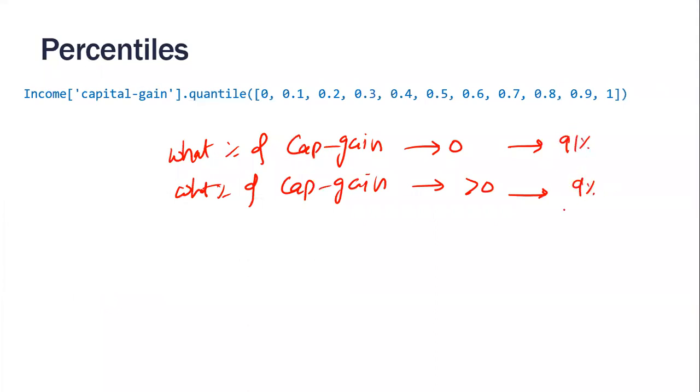Remaining 9% is non-zero. Strictly speaking, maybe 91.5, maybe 8.5, something like that may come, but we can roughly round it off to 91% and 9%.